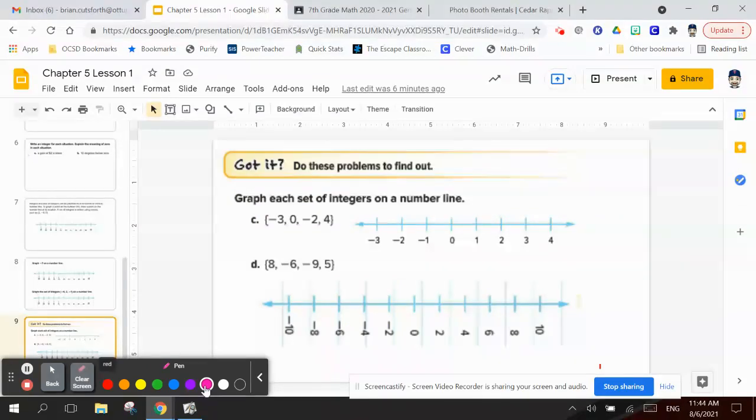The last two, we have to graph the set of integers on a number line. So I have -3. Again, negatives are left, positives are right. So -3, I start at 0.